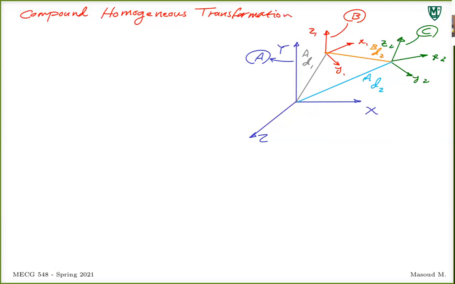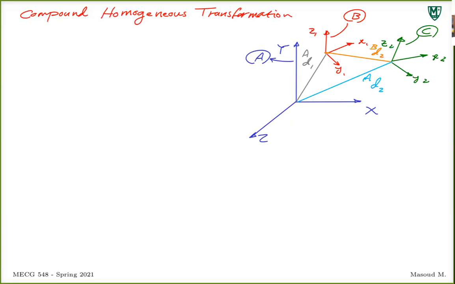The way I named them, I said D1A, meaning where frame B is in frame A. D2B means where frame C is, the coordinates of the origin of frame C, represented by X2, Y2, Z2, in frame B, represented by X1, Y1, Z1.